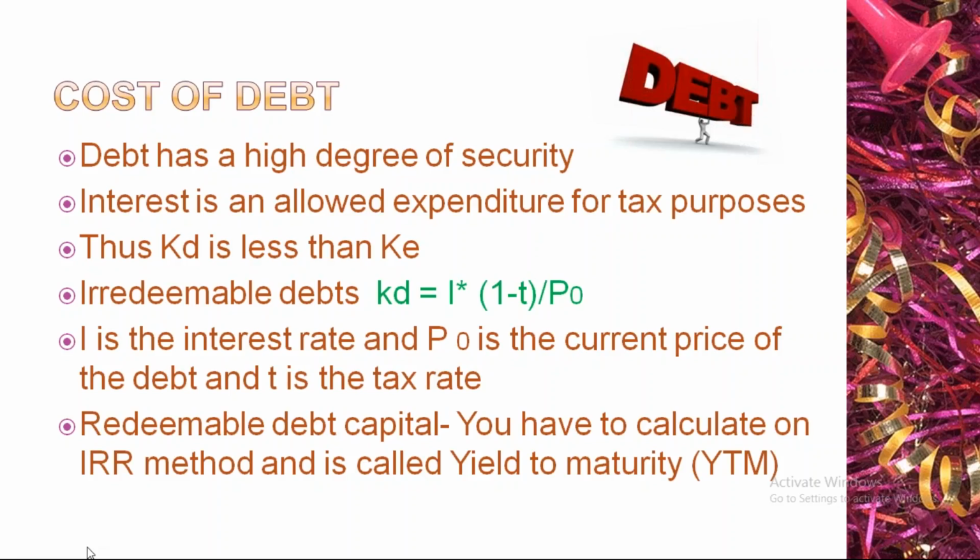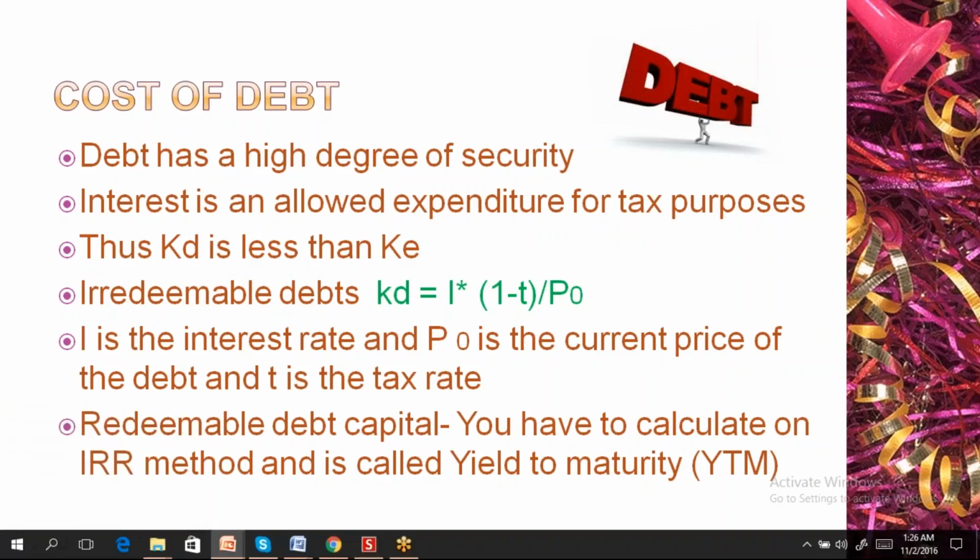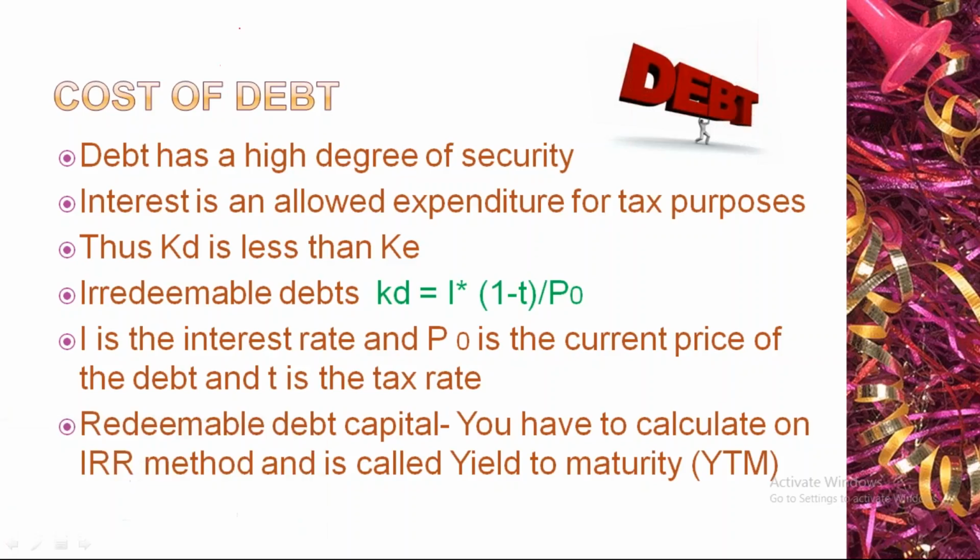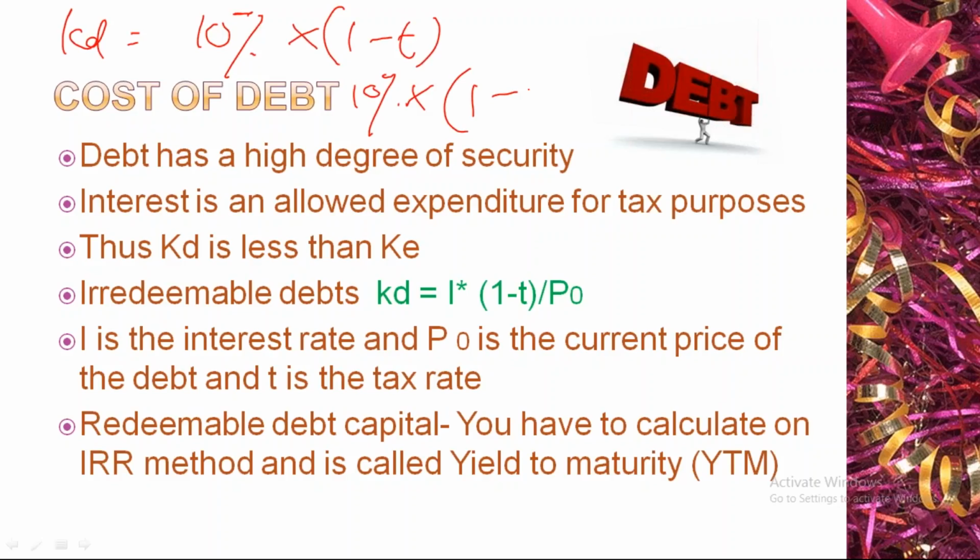For the bank loans, if you are paying 10% interest, the cost of debt to the company is 10% times (1 minus T). If the tax rate is say 30%, 1 minus 0.3, it is going to be 7%. So that is the cost of debt for irredeemable debt.